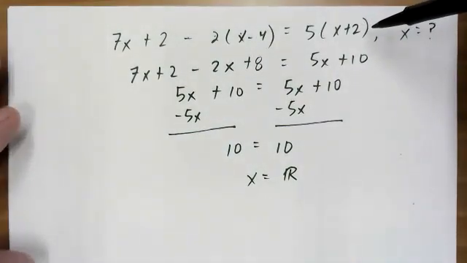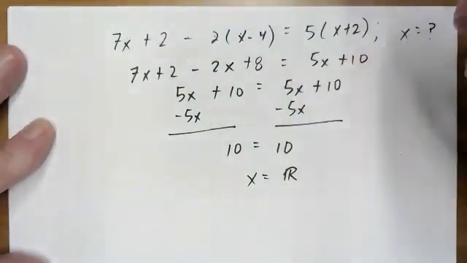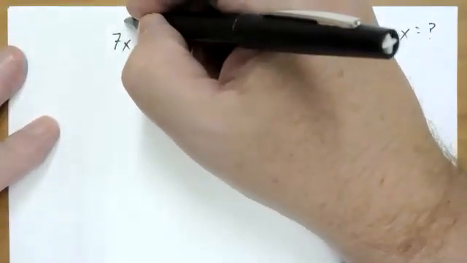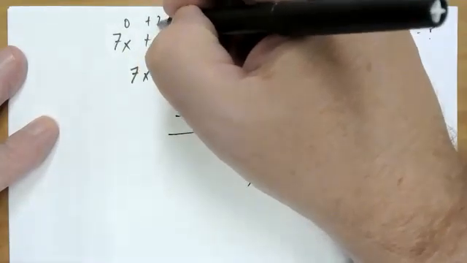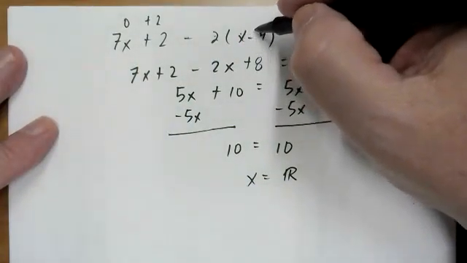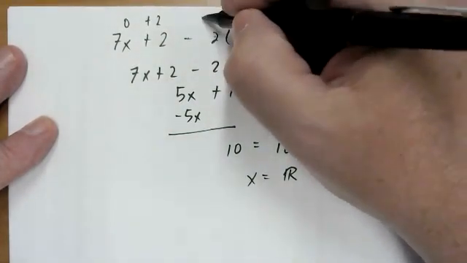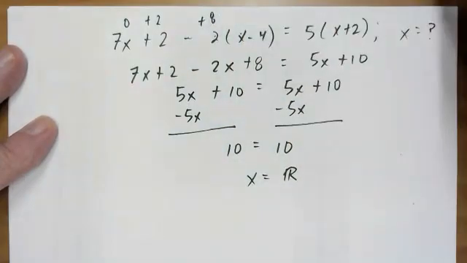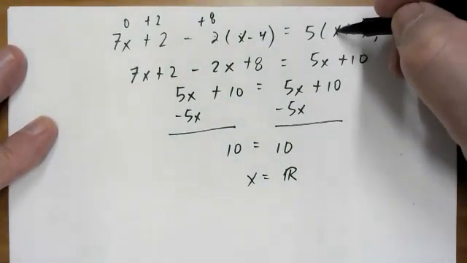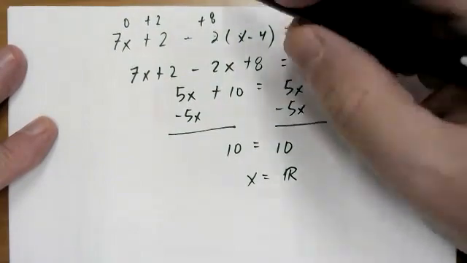For instance, let's do something simple. How about I plug in 0? So if I plug in 0 for x, this is going to be 0 plus 2. Now 0 for x in here leaves us minus 4. So minus 2 times minus 4 is plus 8. Then over here, if I plug in a 0, it's 5 times 2, which is 10.